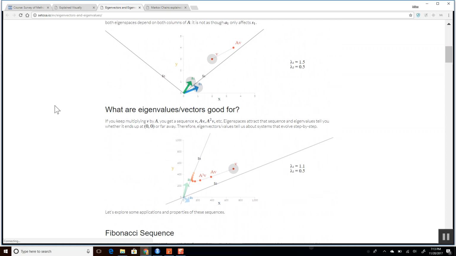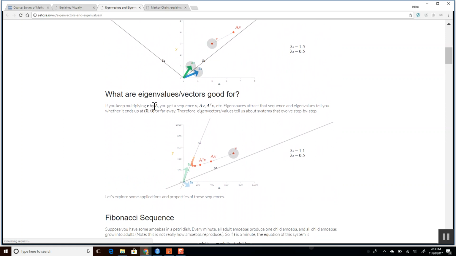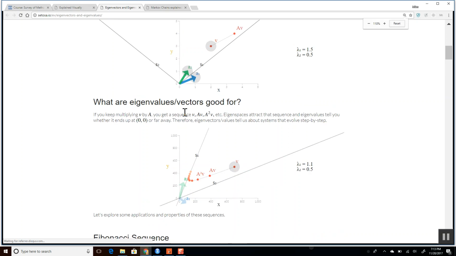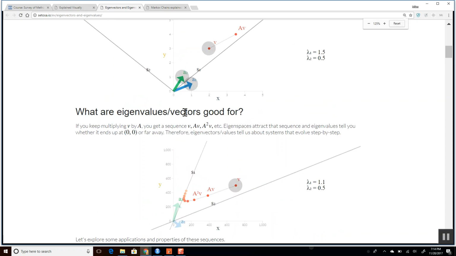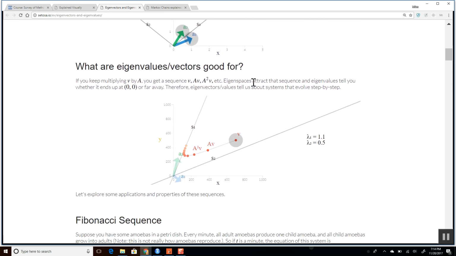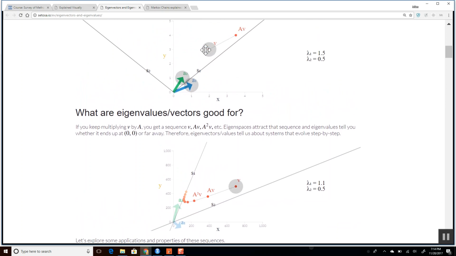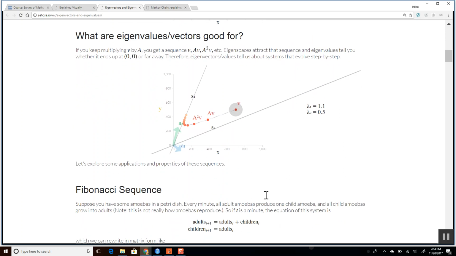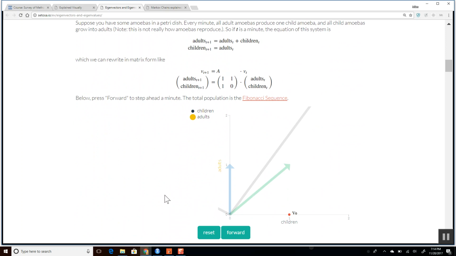So if you keep multiplying some vector v by A, I don't know if you guys can see this, then the eigenspace attracts that sequence, and the eigenvalues tell you. As we continue to multiply v by the matrix A, it gets closer and closer to something on the eigenspace.